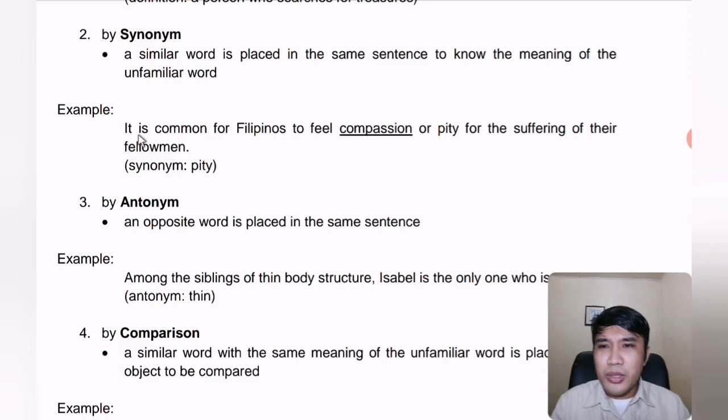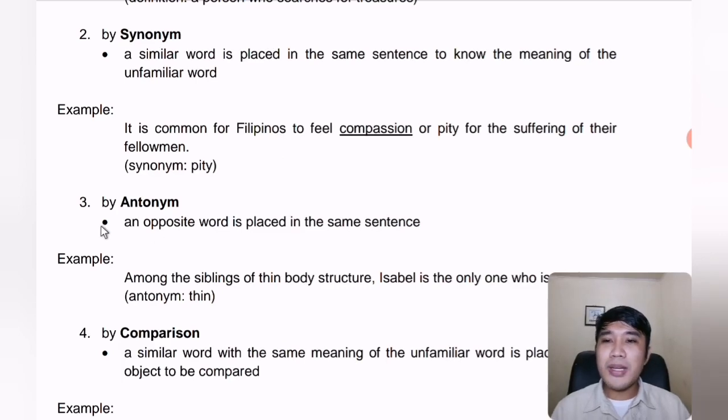So here's an example. It is common for Filipinos to feel compassion or pity for the suffering of their fellow men. So see, because of the word or, which means equals, we learned that the word compassion means pity, or related to the word pity. So that is by synonym.